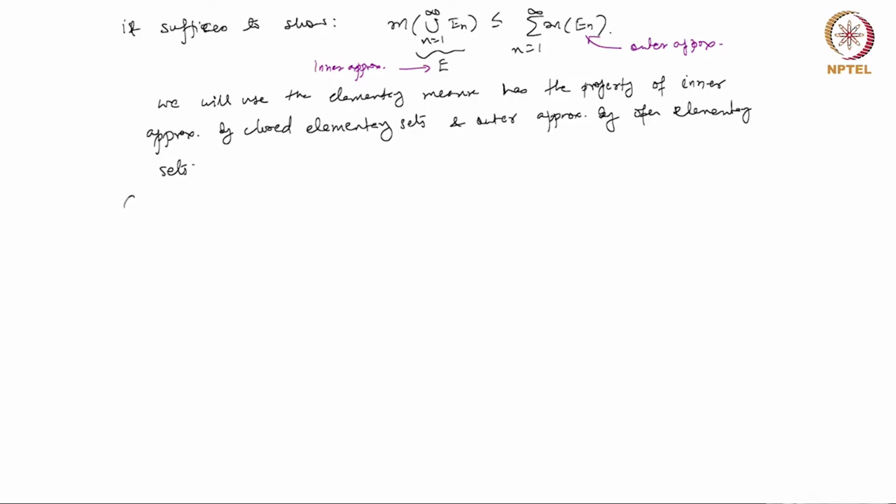So given epsilon greater than 0, there exists a closed elementary set F inside E such that the elementary measure of E minus F is less than or equal to epsilon, and because F is a closed elementary set, it is also a bounded and closed set, which means that F is compact.